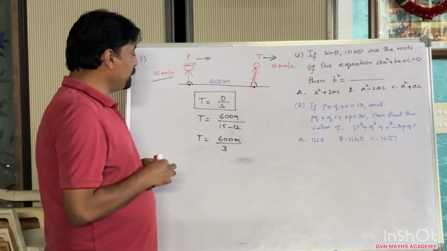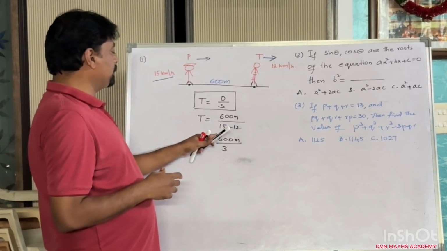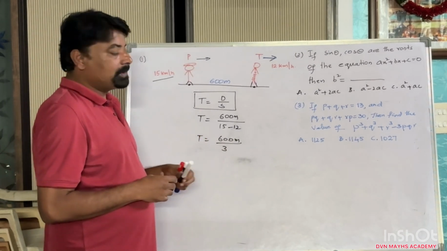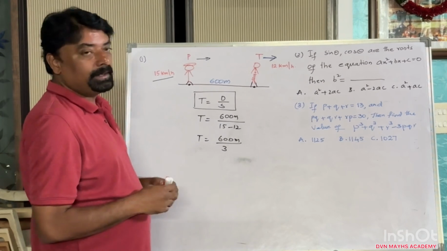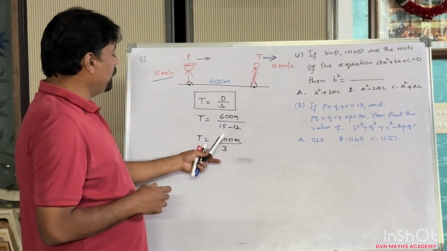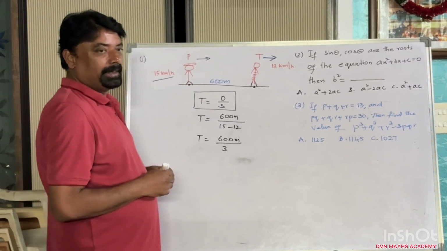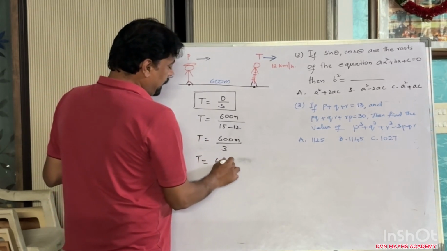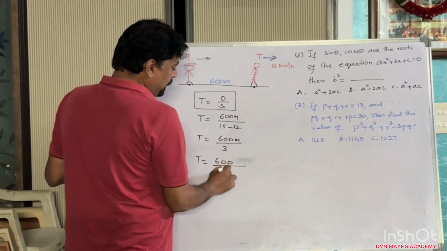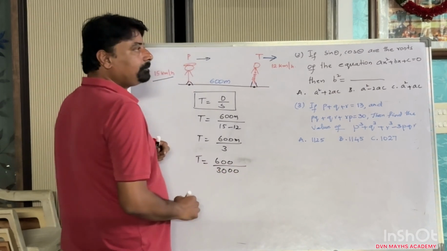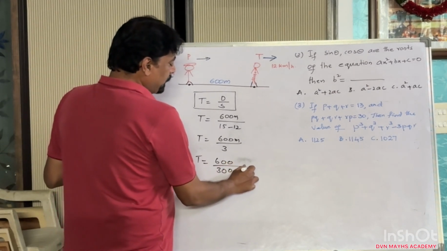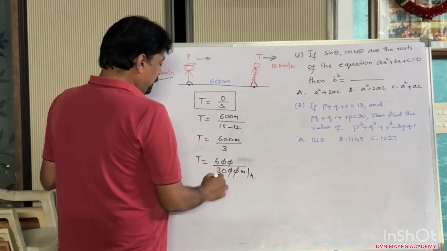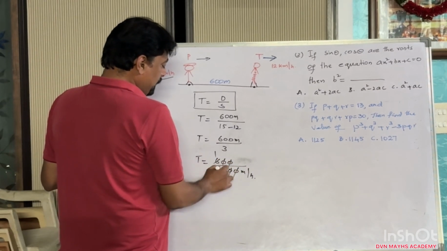But here in this question, if you'll observe, the distance is in meters, and speed is in kilometers per hour. So we require to convert both to meters or both to kilometers. So time is equal to 600 meters by 3000 meters per hour. So if we cancel these, this becomes 1 by 5.